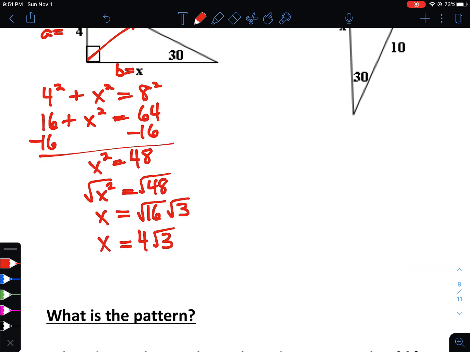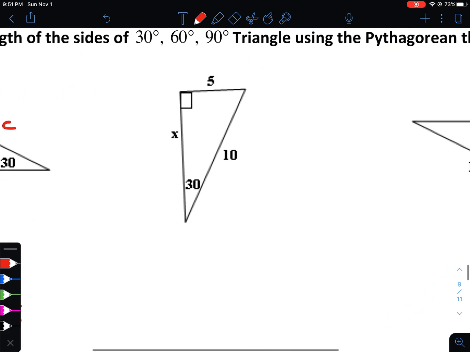So you might not see a pattern just yet. It's kind of hard to see a pattern after just one, so let's try another one. So in this next triangle, we've got our hypotenuse is 10, so that's going to be our c value. We've got a, we'll just make that be x, and we'll let b be equal to 5.